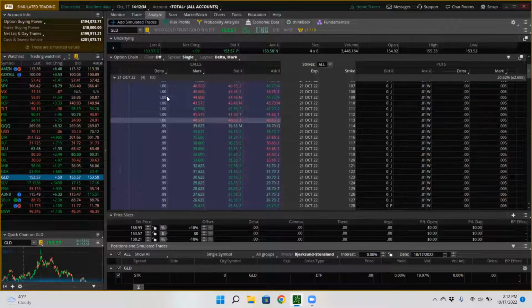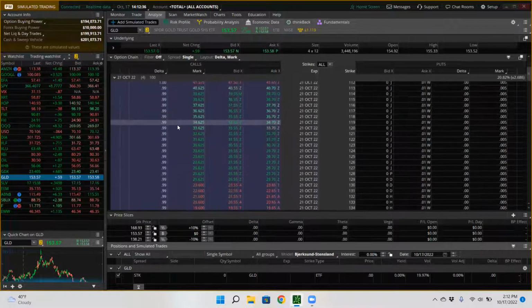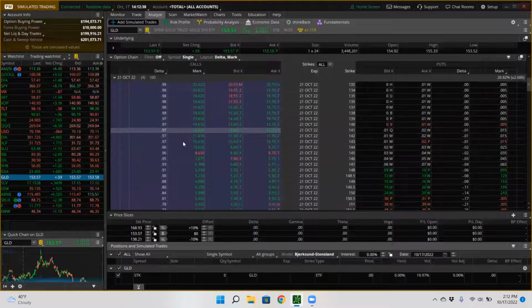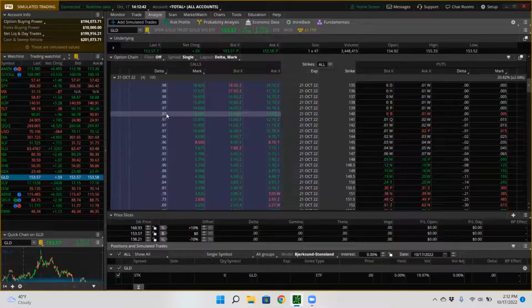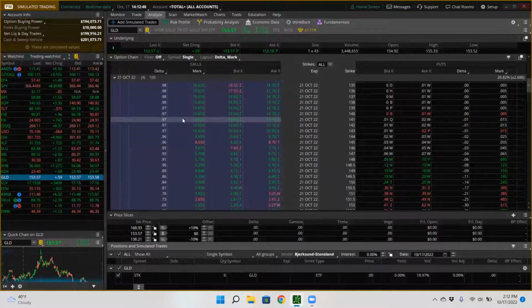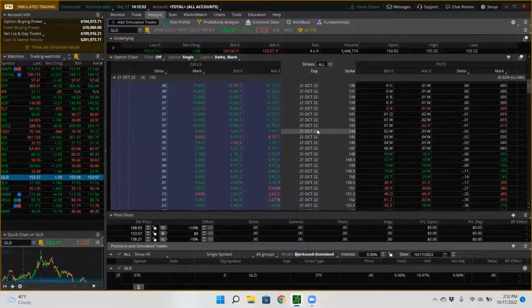You see, we've got several more of the 100 deltas up here, but the 140 here is bouncing between 97 and 99. So we've got roughly a 97 to 99% chance that it will end in the money. And if you picture this, as we get closer to expiration, it's like a band that is constricting on all of these strike prices.